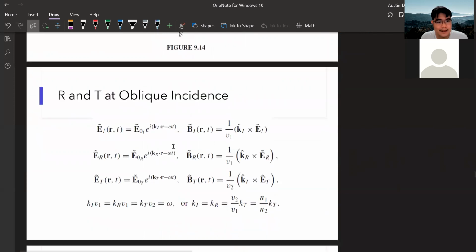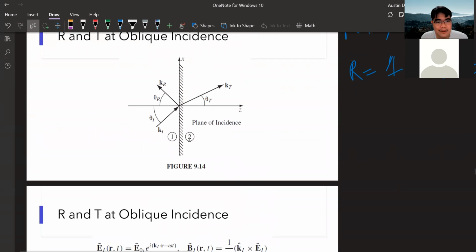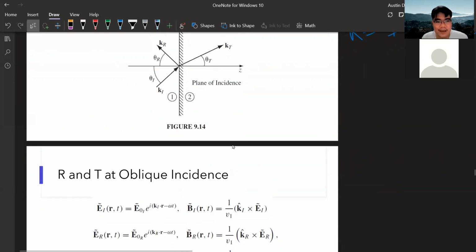Then, reflected, transmitted, and mapapansin nyo, hindi na siya Kz, Kr na siya. So, lalo nagiging mas mahirap yung mga bagay-bagay. Etong right-hand side mo, sa magnetic field mo, sinulat na lang siya as this dahil mas maganda yung notation na to. Mas malinis.